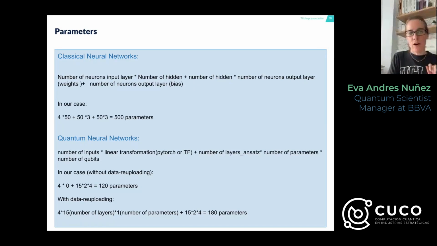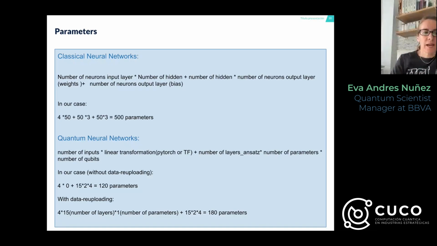Adding the number of layers, 15 layers, the number of parameters, as you remember, we only have 2 rotation gates, so 2 parameters, and 4 qubits. So in total, we have 120 parameters.